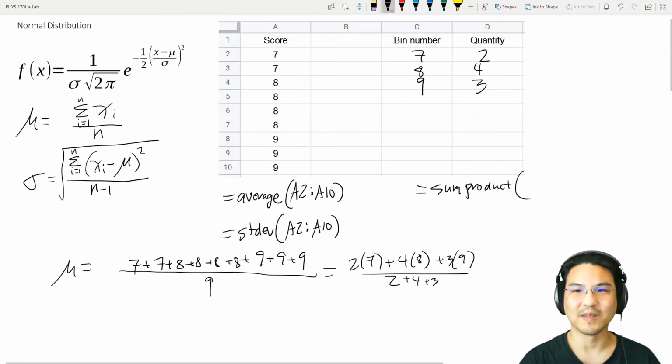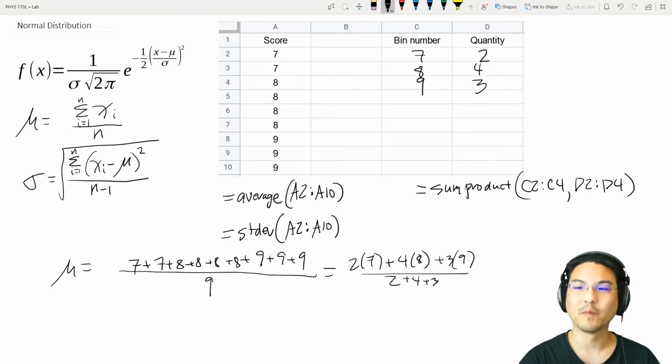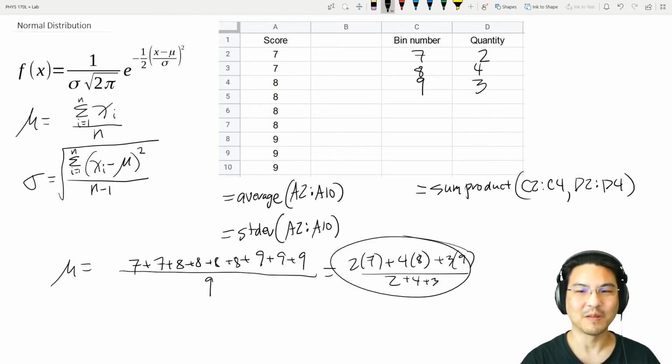So in this case here, C2 through C4, comma, this one, D2 through D4, does exactly this times this, plus this times this, plus this times this, right? Which is exactly what we want.